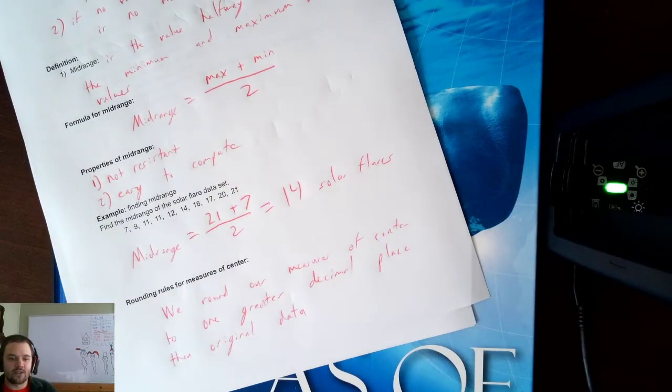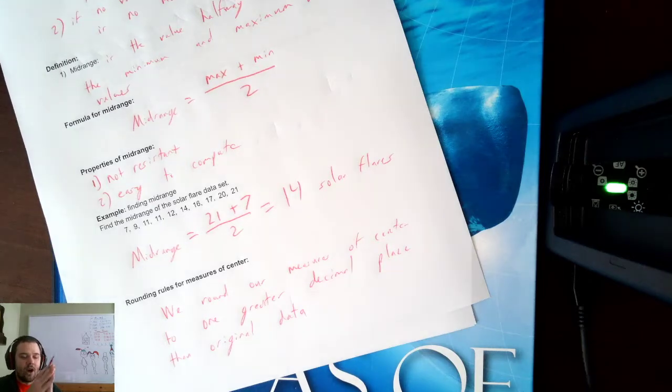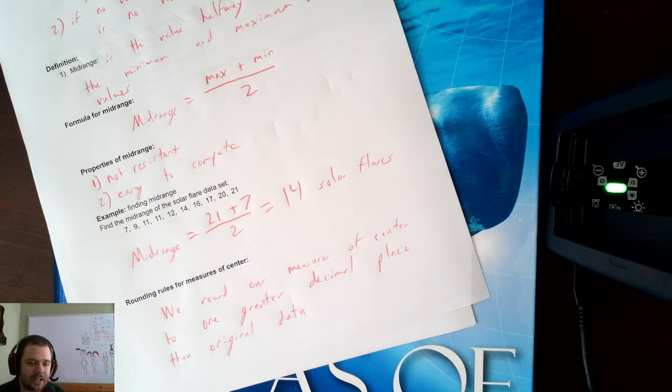We round our measures of center to one greater decimal place than the original data. If the original data is all whole numbers, your measures of center will have one decimal place. If your original data has numbers that have 2 decimal places in it, your measures of center will have 3 decimal places. It's always one more.